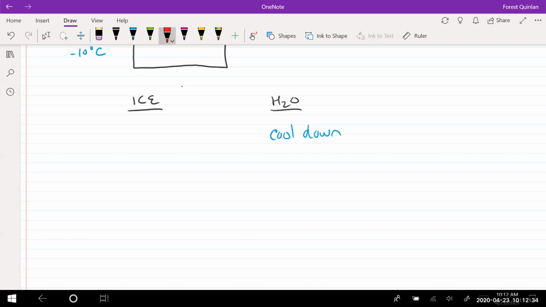Would the ice warm up a little bit from the water? Okay, so the ice warms, so it's going to heat up. Then what's it going to do, do you think? It'll melt in the water and it'll create more water.